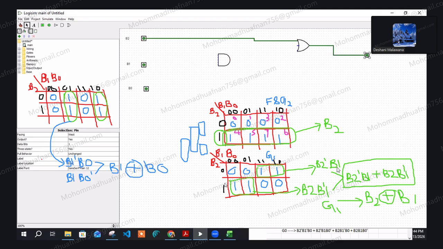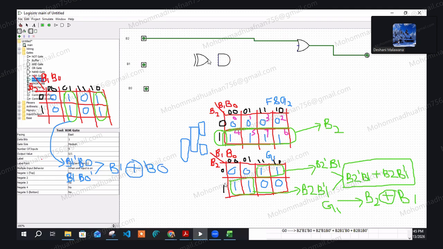So then after, the second one is B2 XOR B1, right? So XOR, we need an XOR gate. XOR gate, yes, this one. So we don't need this one. We need XOR gate and it should be a 2 input one. So keep in mind, these things keep in mind.